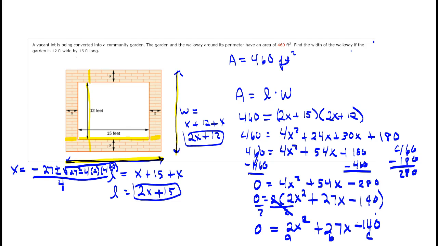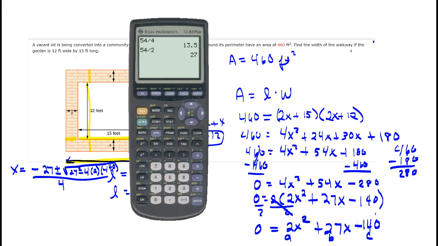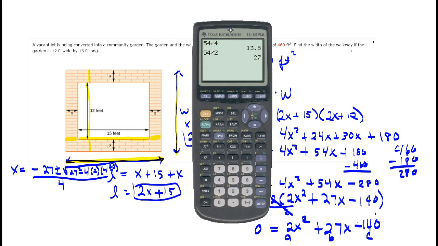All right, so let's see what's all going to be underneath this square root here. It looks like I have 27 squared. A negative and a negative is going to give me a plus. So it's going to be plus 4 times 2 times 140. And it looks like I get 1849.